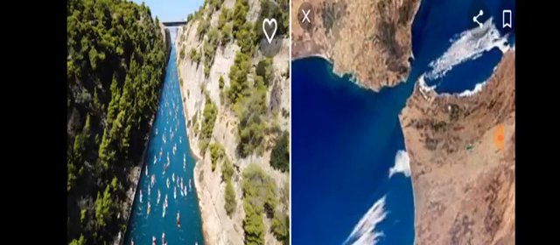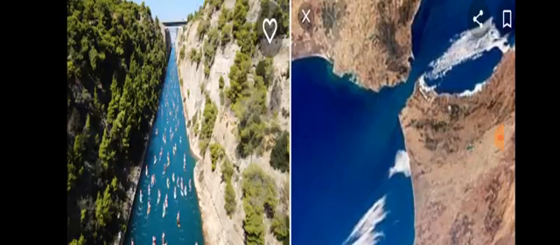Another difference is that an isthmus joins two land masses together, while a strait joins two water bodies together. Another difference is that an isthmus separates two water bodies, while a strait separates two land masses.